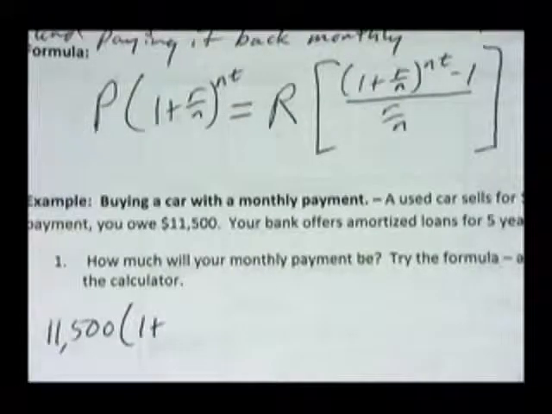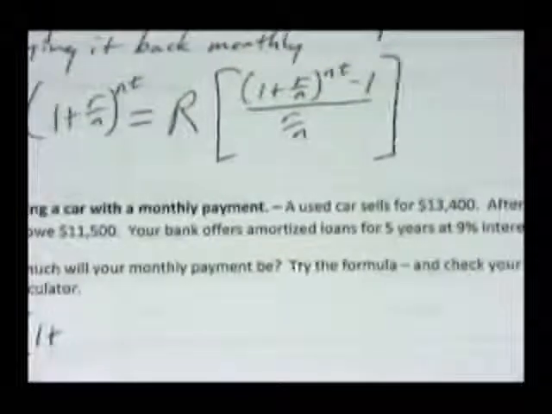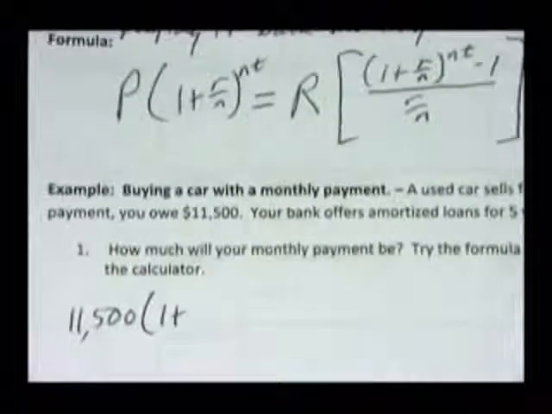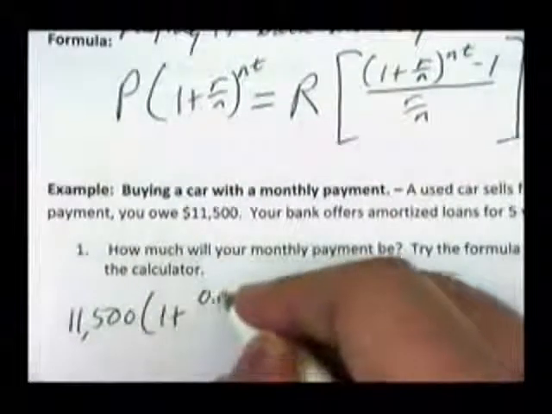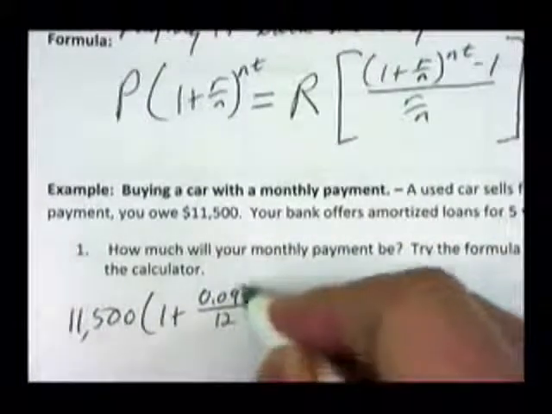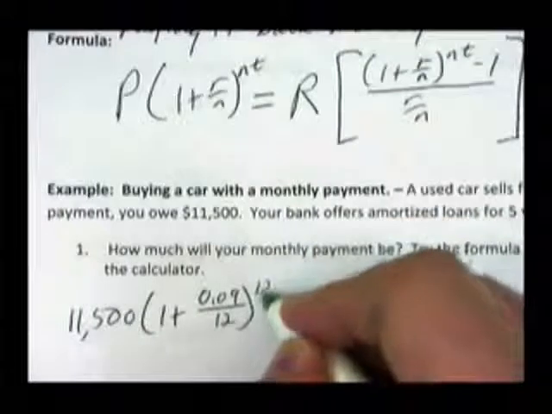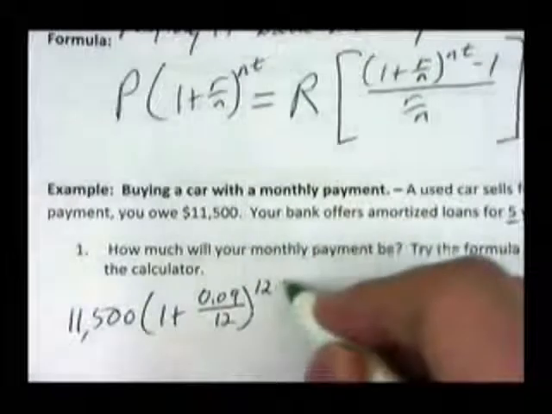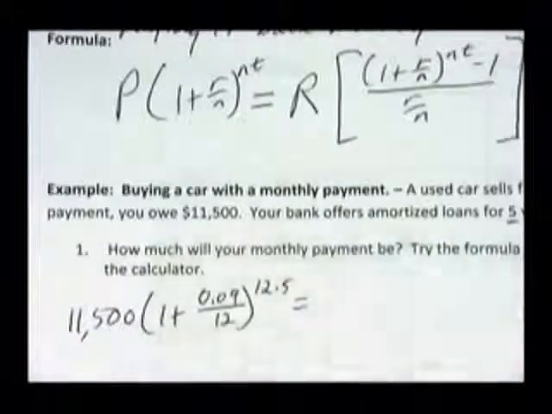Do we know what our interest rate is? Yes, 9% interest. So that's going to change into a decimal: 0.09 divided by N. It's monthly, so that's going to be 12, raised to the 12 times, it's over 5 years, so our T would be 5.